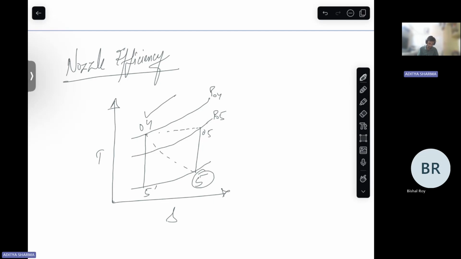And then there is this pressure Pc. If your pressure after passing through the nozzle is less than this pressure, in that case this is choked. Choked means maximum mass flow rate, otherwise it's unchoked. If that pressure is greater than the ambient pressure.